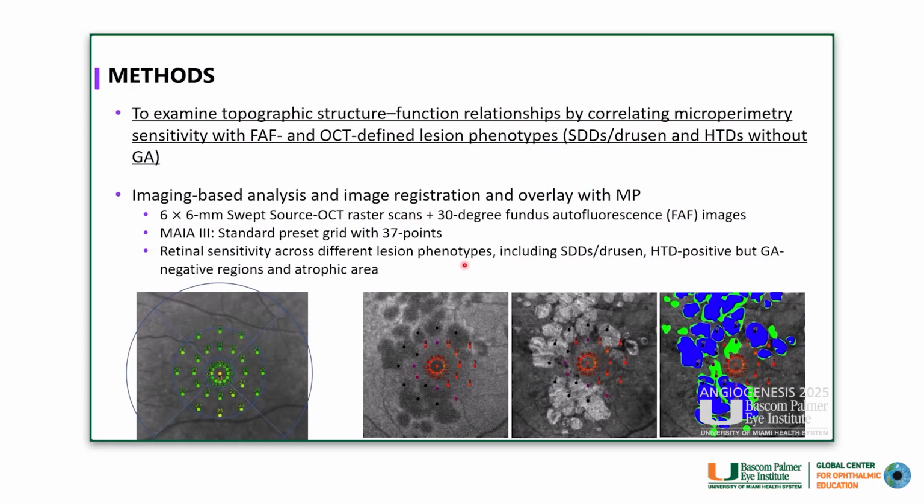In this part, we examine the topographic structure-function relation by correlating microperimetry retinal sensitivity to multimodal imaging findings. We registered MAIA microperimetry maps to fundus autofluorescence and structural and en face OCT-derived sub-RPE images.